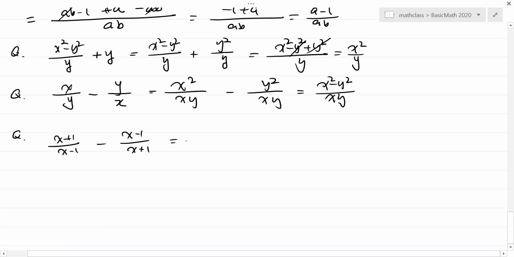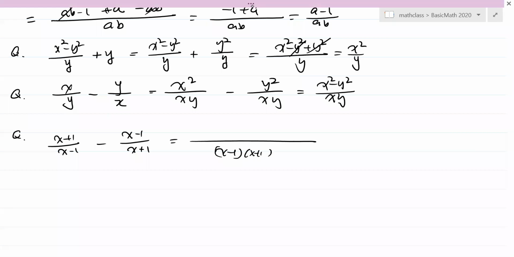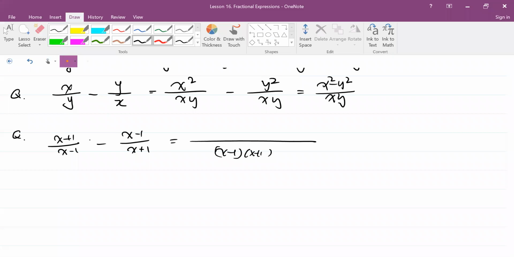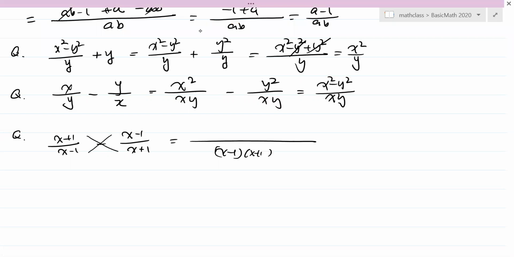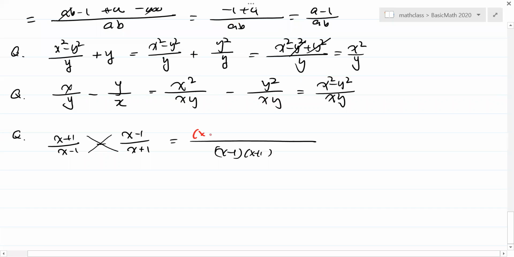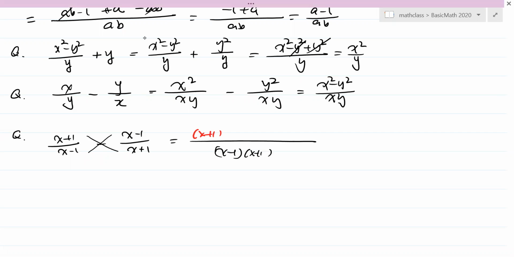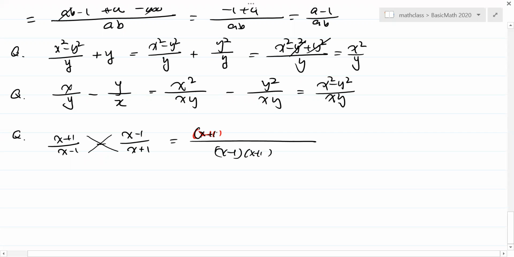So you can use a formula. If you use a formula, the denominator will be the product of the two denominators. The numerator is the cross product, right? Yeah, cross product. So you will get x plus 1 squared minus x minus 1 squared.